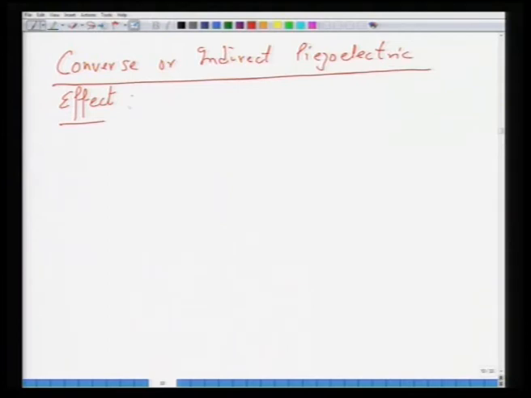Now, in the indirect piezoelectric effect, what happens is when you apply an electric field, you have deformation in the crystal. So, it is represented by epsilon is equal to E multiplied by d.